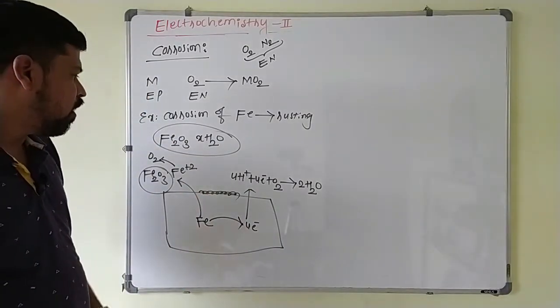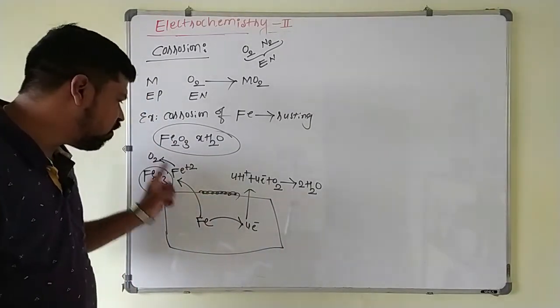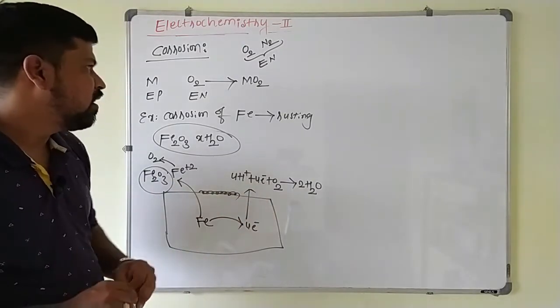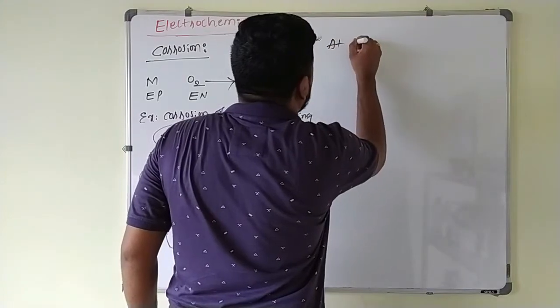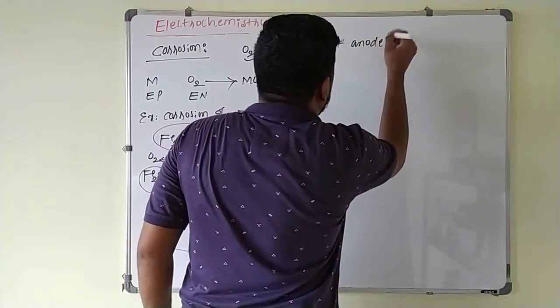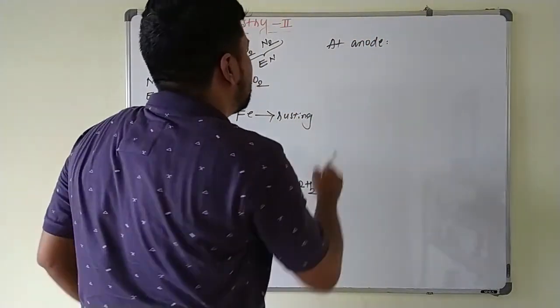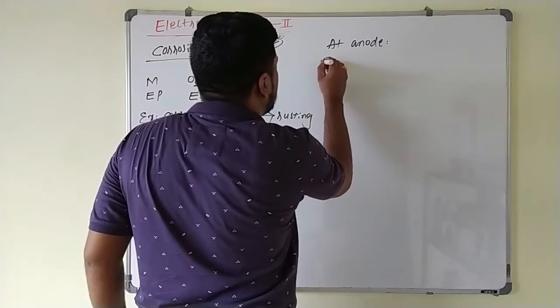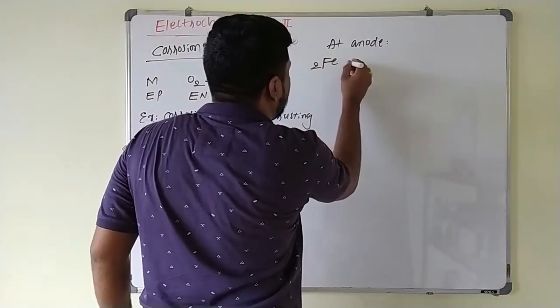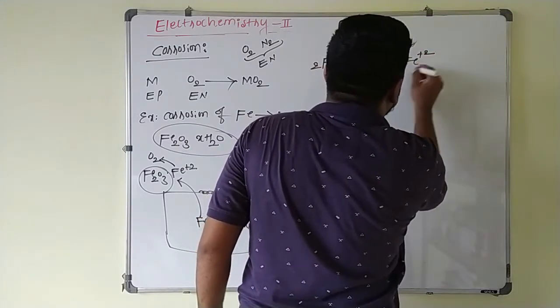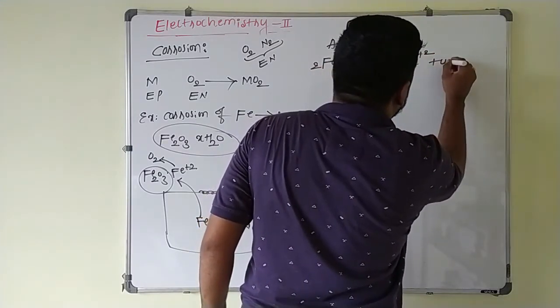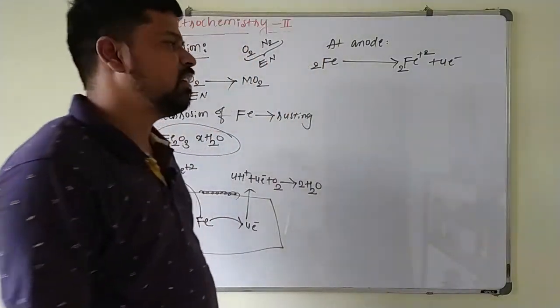Now you will see what are the reactions taking place at this anode and cathode. We will write these reactions now. At anode, what happens here? Fe undergoes oxidation. 2Fe loses electrons to form 2Fe2+, so that 4 electrons are released here.